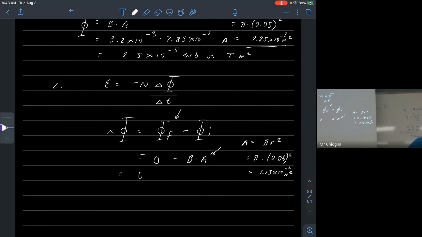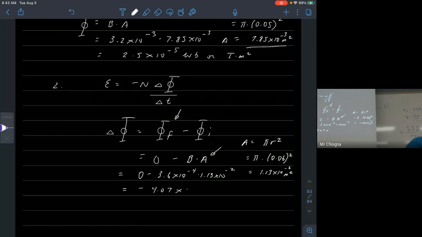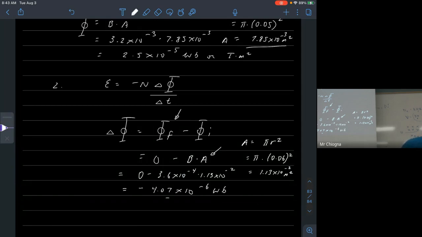Magnetic field is 3.6, times 1.13. And this works out to be negative 4.07. Just carry an extra digit. You can round it to 2 at the end. It's Webers because it's flux.